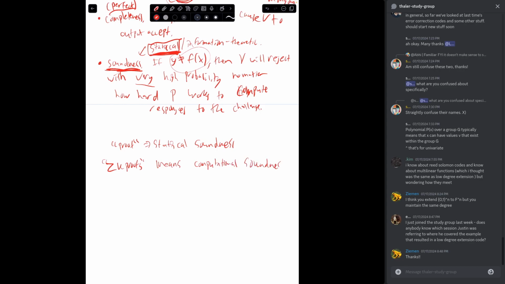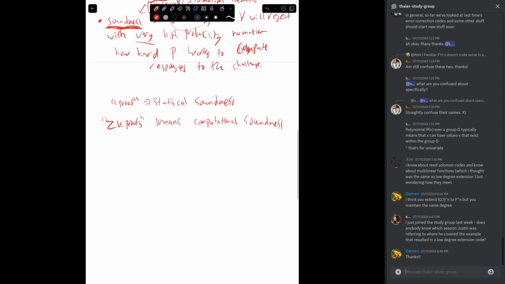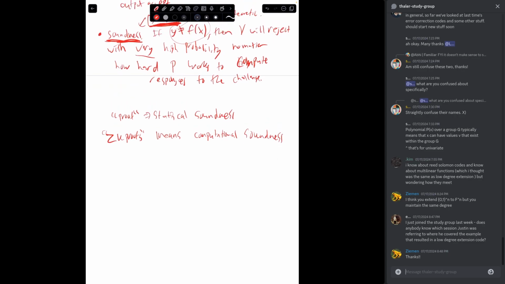So this gets confusing, and in the book, I do use the term snark proof sometimes. But whenever I say snark proof, it's not a proof. It's not statistically sound. But I think it'll be clear that I actually mean computational soundness, which I'll define in a moment, because of the qualifier snark before proof.